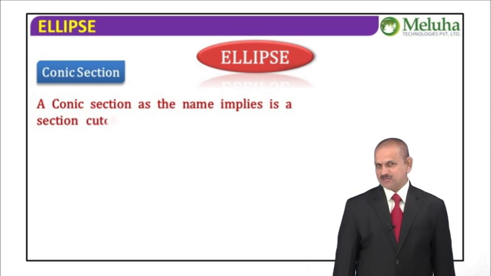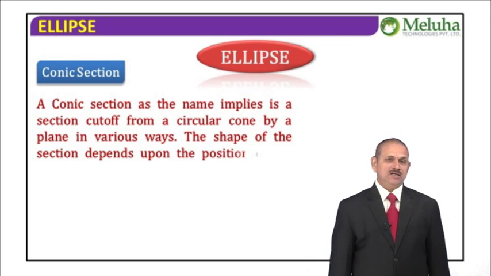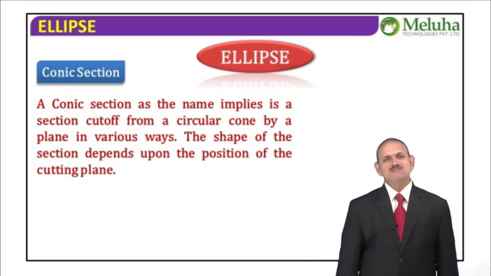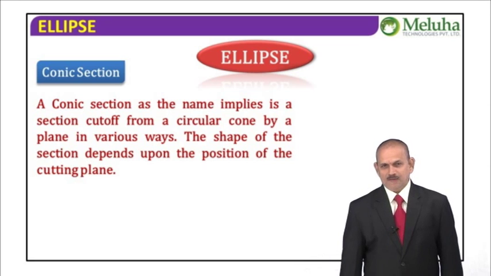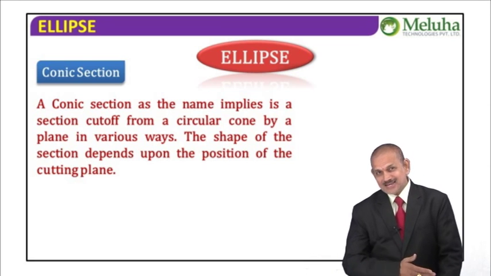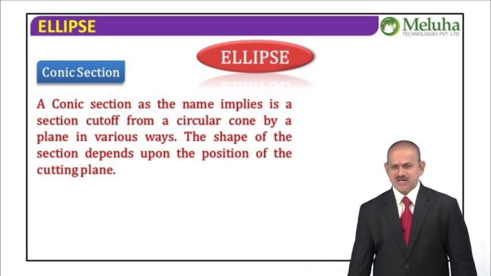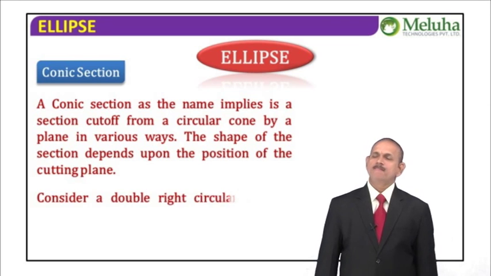A conic section, as the name itself indicates, is a section of a cone which has been cut off by a plane, of course, in various ways. The shape of the section, in the sense of cross section or intersection, depends on the position of the cutting plane.